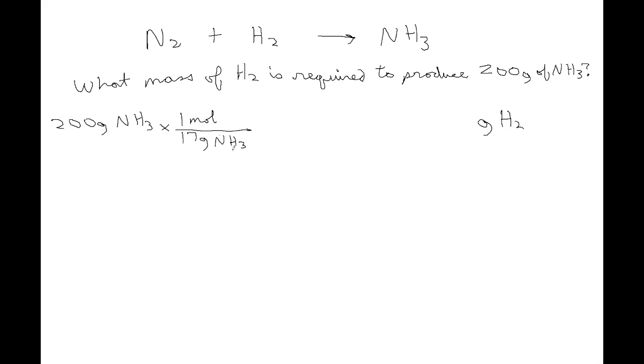Then on the second multiplication part, you'd have 2 moles of NH3 on the bottom and 3 moles of H2 on top.